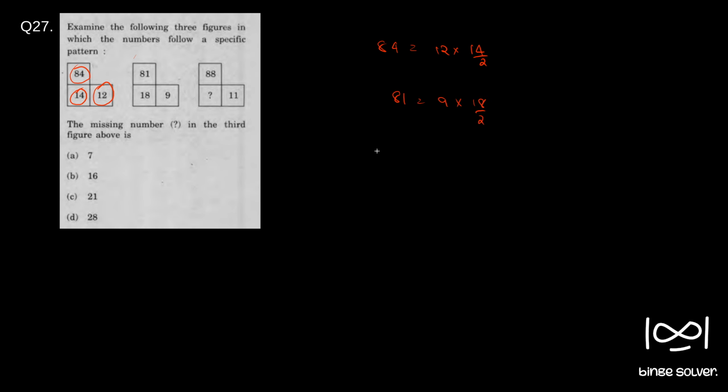So here 88 should be 11 into our missing number, say x, by 2, so x is equal to 16. So our answer is B, 16. That is the solution to question number 27.